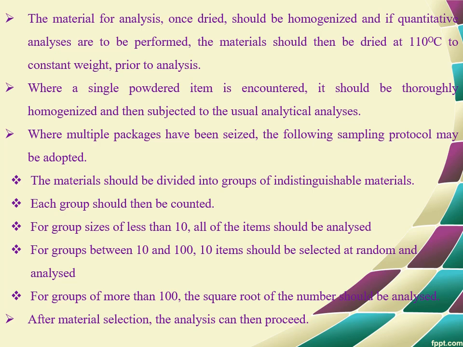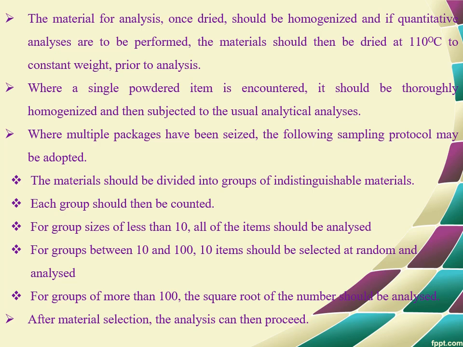And when multiple packages have been seized, the following sampling protocol may be adopted. The material should be divided into groups of indistinguishable materials. Each group should then be counted. For group sizes of less than 10, all of the items should be analyzed.